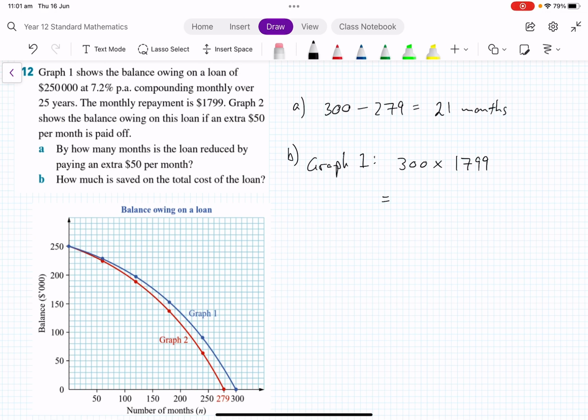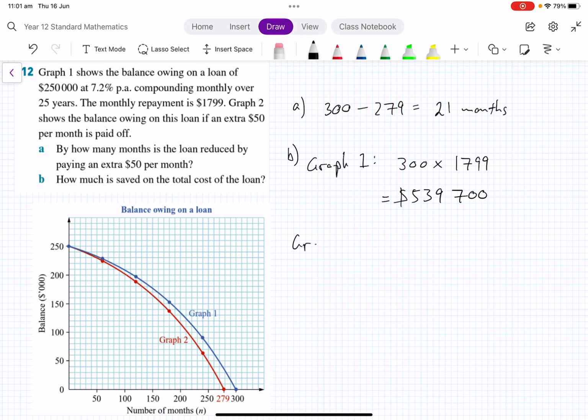Let me find my calculator. 1,799 times 300 payments equals $539,700. As an aside, remember that over a 25 to 30 year loan, you generally pay double what you borrow. This is paying back for $250,000.